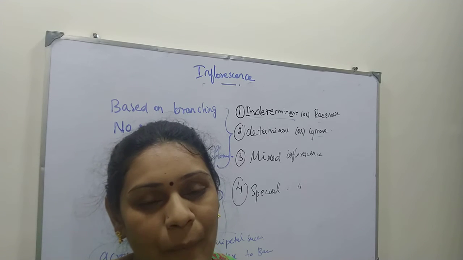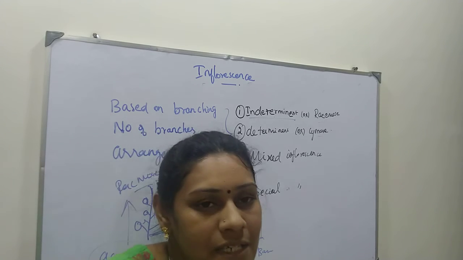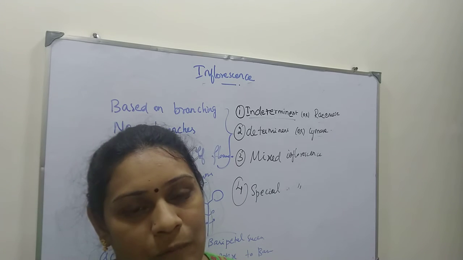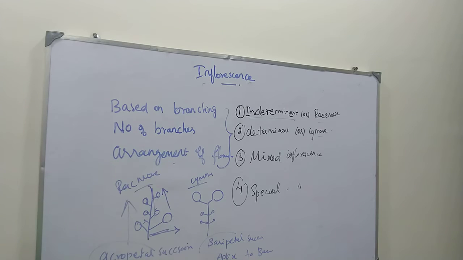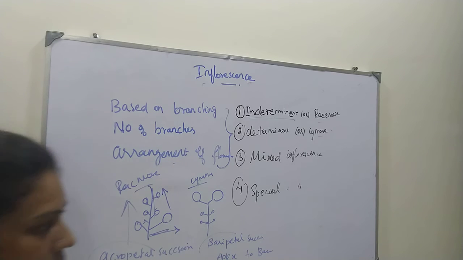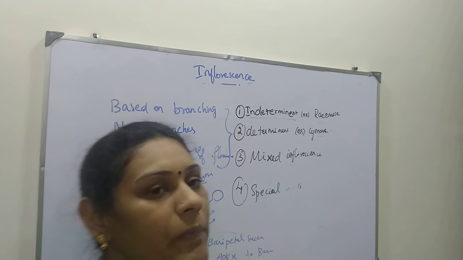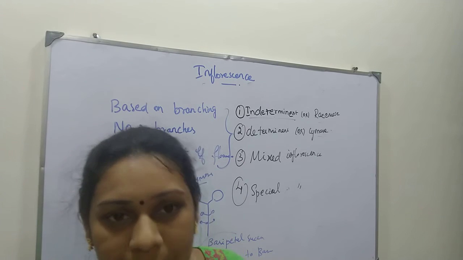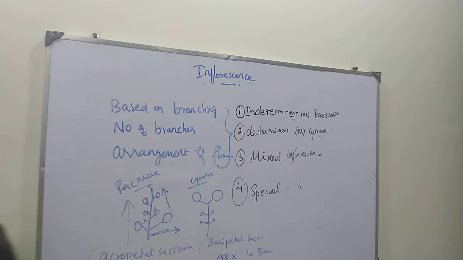The flower opening pattern from the center to the periphery is called centrifugal. What is that called? Centrifugal. The flower which opens from the periphery to the middle is called centripetal. What is that called? Centripetal.